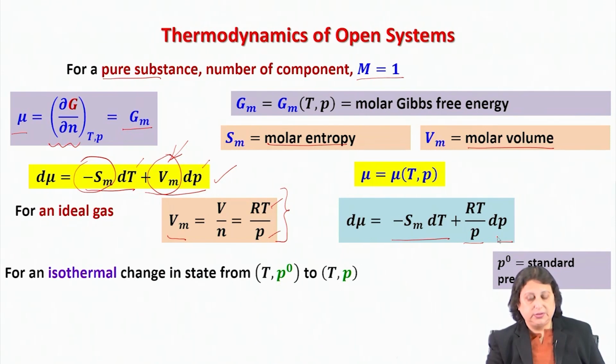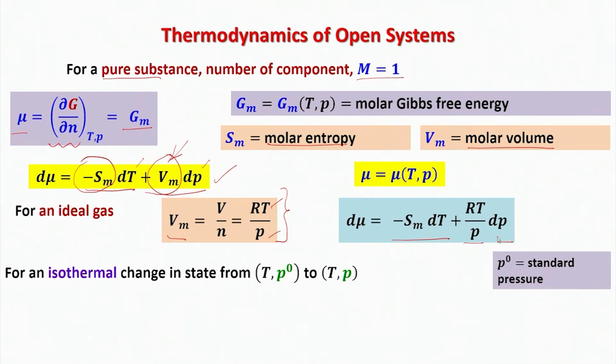If that is so, then for an isothermal change in state, let us say that the ideal gas is undergoing an isothermal change in state from a pressure P0 to a pressure P. And here I'm using the notation that P0 is the standard pressure.